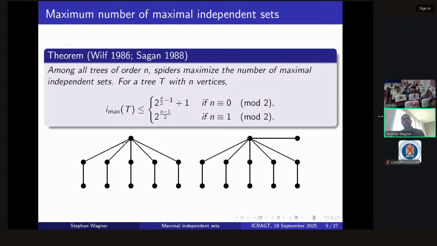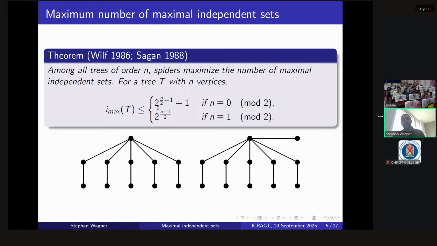The extremal trees that have the maximum number of maximal independent sets, given the order, are these trees that are called spiders. They are not the only ones, as it turns out. There are other trees that reach the maximum, but the spiders are an equality case for these upper bounds.